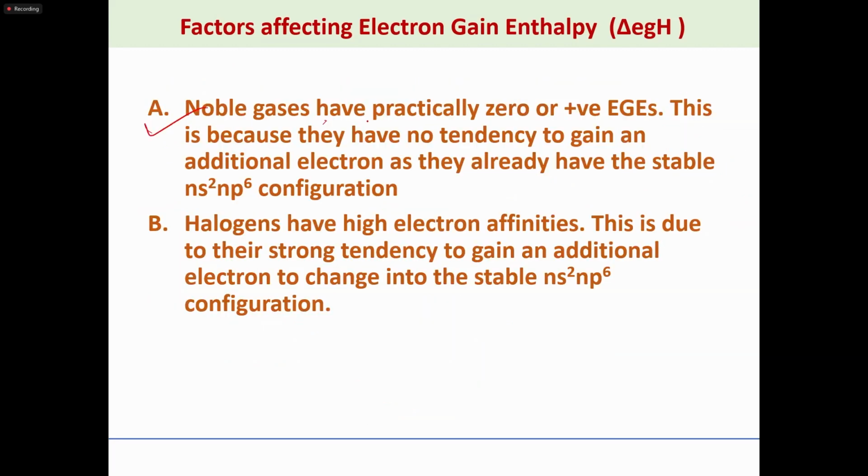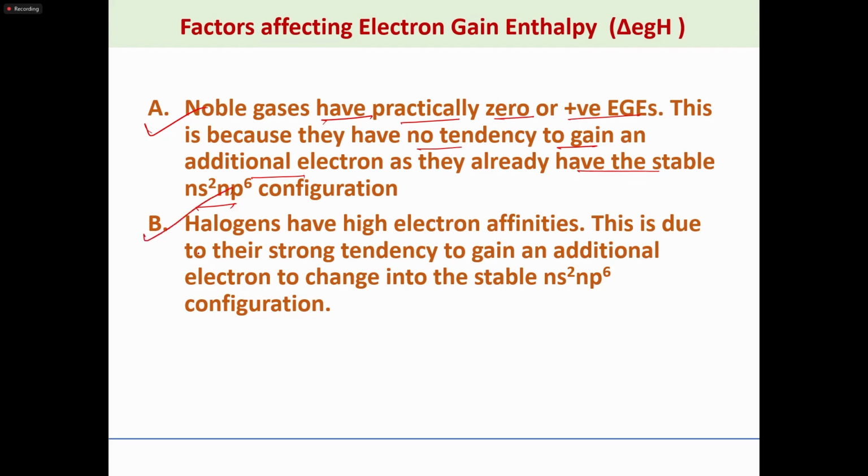Noble gases have zero or a positive electron gain enthalpy because they have no tendency to gain an electron, as they have a stable electronic configuration, ns2 np6. That's why this type of element does not want an electron in its valence shell. Then it will show zero or a positive electron gain enthalpy.